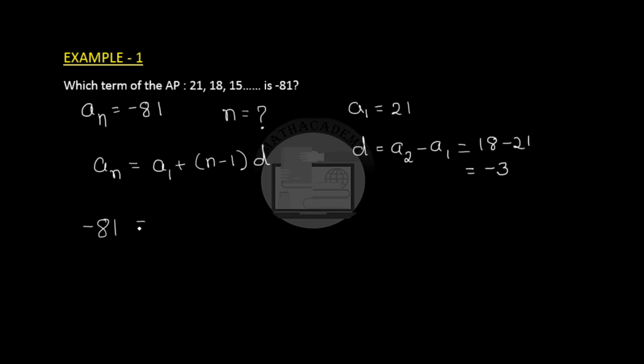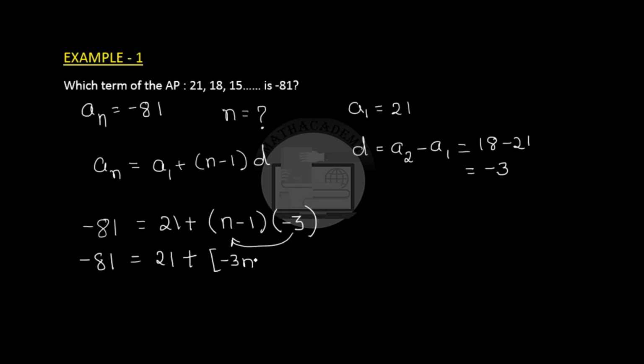So let's substitute the values in the formula. Negative 81 is equal to 21 plus n, which we have to find out, minus 1 times d, which is negative 3. Let us distribute negative 3. Negative 3 distributed to n becomes negative 3n, and negative 3 distributed to negative 1 becomes positive 3. On opening the brackets, we get 21 minus 3n plus 3.